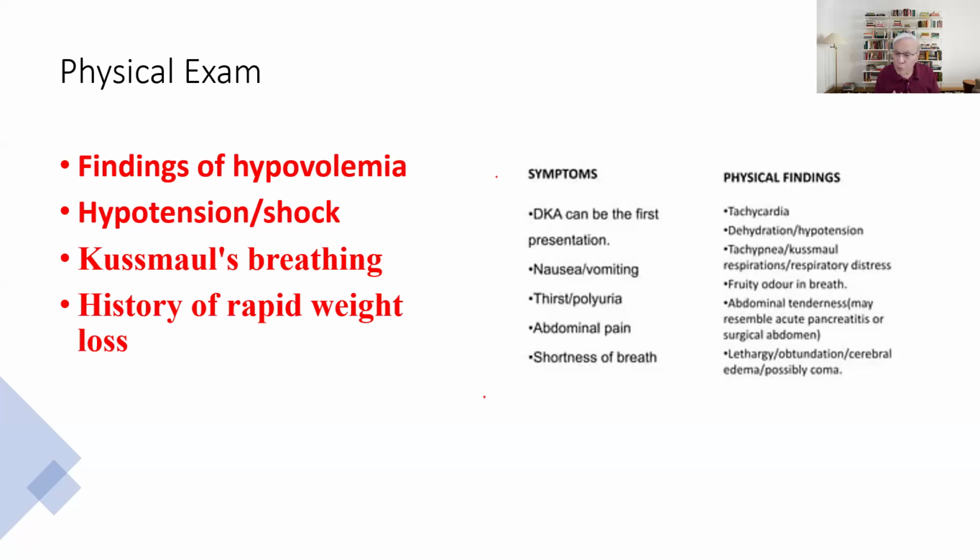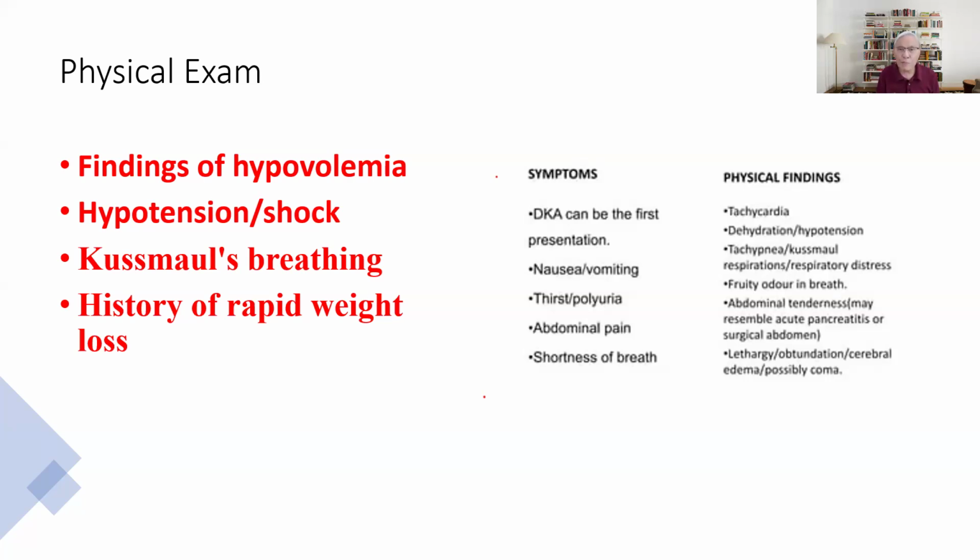So a history of rapid weight loss is a symptom in patients who are newly diagnosed with type 1 diabetes. My brother is a very, very good example of this. My brother didn't know that he was diabetic. All of a sudden, he became unconscious and was rushed to the emergency room and was found to have a blood sugar that was around 400.